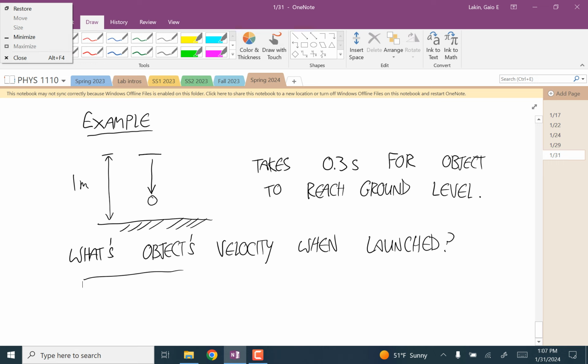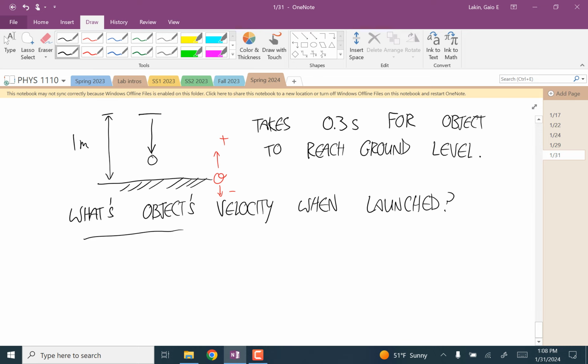So I already sketched out a little drawing of what's going on in the problem. I'm going to put my 0 position at the ground, positive up, so that means negative is down. My time equals 0 instant is going to be the instant that it's launched. And my time final instant is going to be when it reaches the ground level.